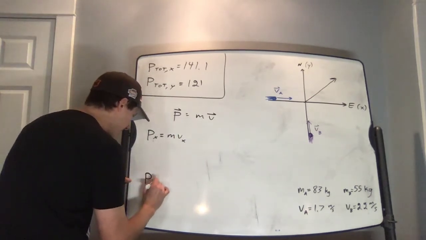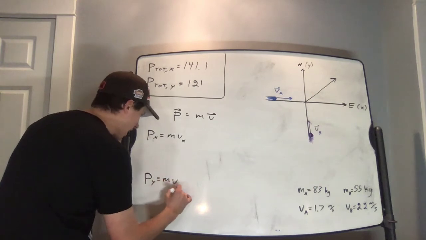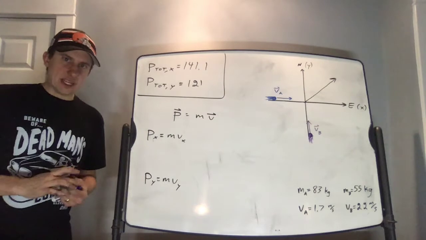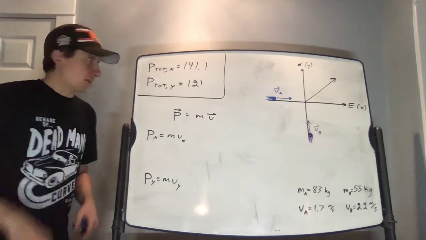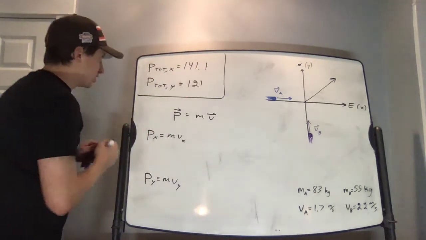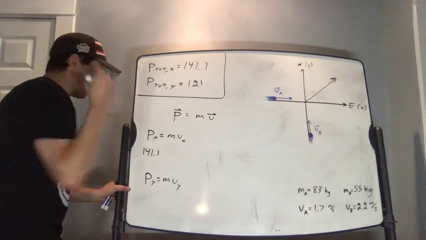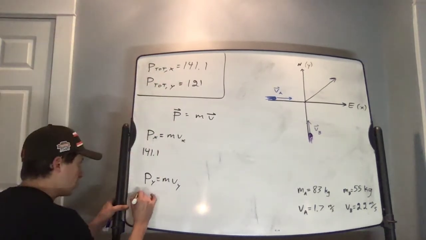Py equals mvy. Well, we know what their momentum is going to be in the x and y direction after they collide. Their momentum in the x is 141.1, and their momentum in the y is 121.